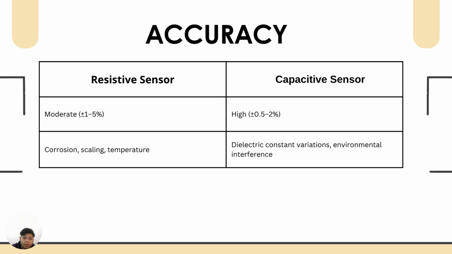This is ideal for applications that require precise control, such as pharmaceutical mixing tanks or microdosing systems. However, capacitive sensors can be influenced by changes in temperature, humidity, or the dielectric constant of the material, which can affect calibration. Still, modern sensors are often designed with compensation features to handle these challenges.